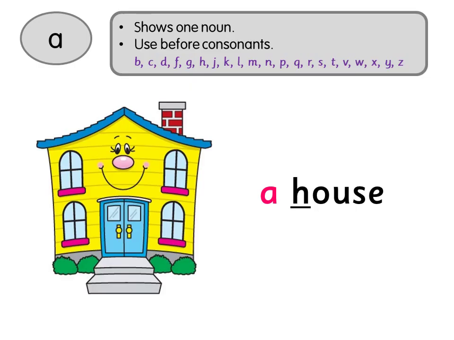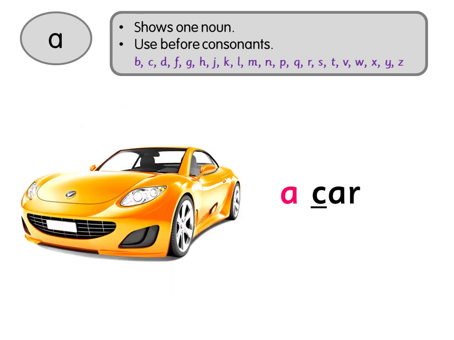Our first example is house. You look at the beginning sound. It starts with h, so you should put a house because it is one house. Our next example is car. What is the first sound for car?